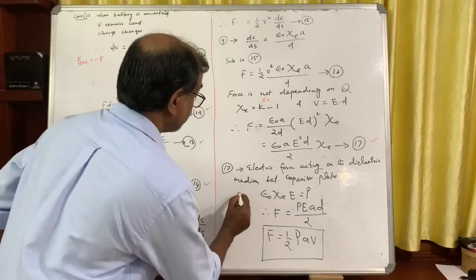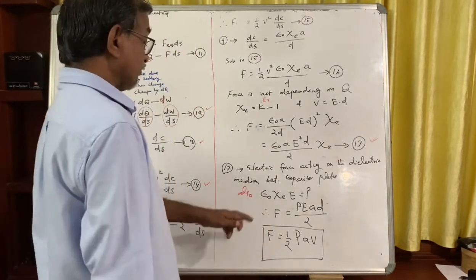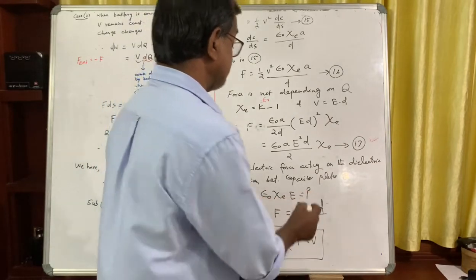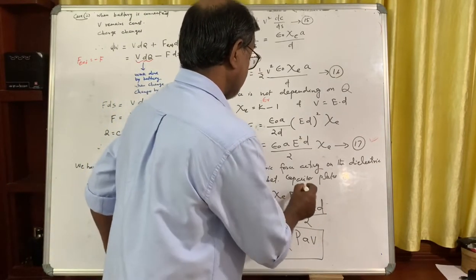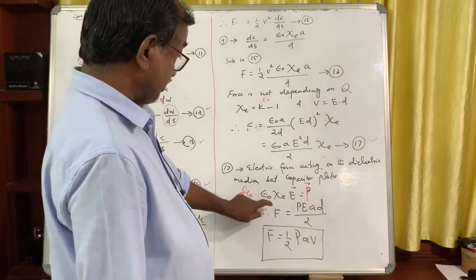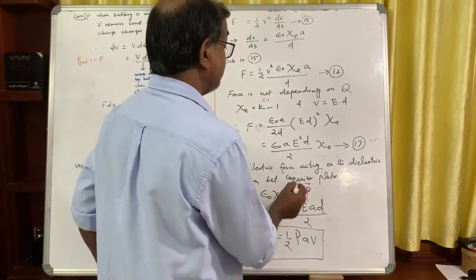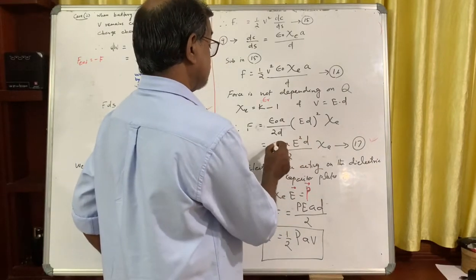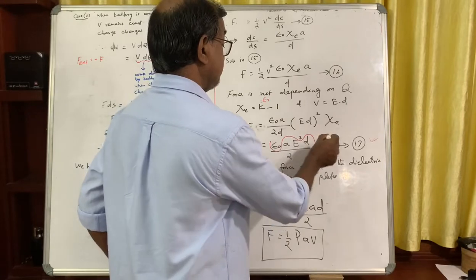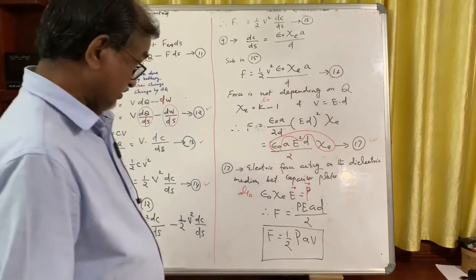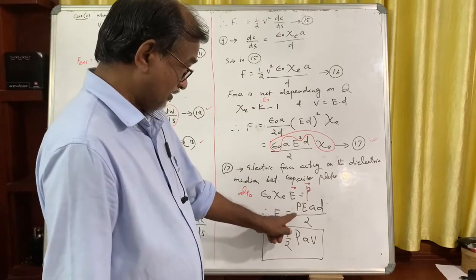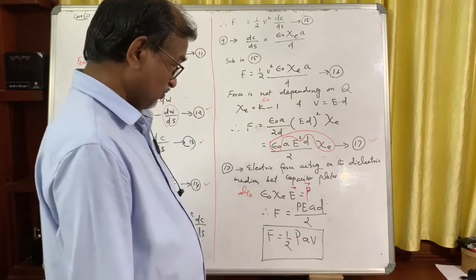Also we know epsilon 0 chi E equal to P, the polarization vector P. This is P, we have studied that. So substituting for this epsilon 0 chi E, instead of this you are substituting P, so we are getting the equation F is equal to P E A D by 2.